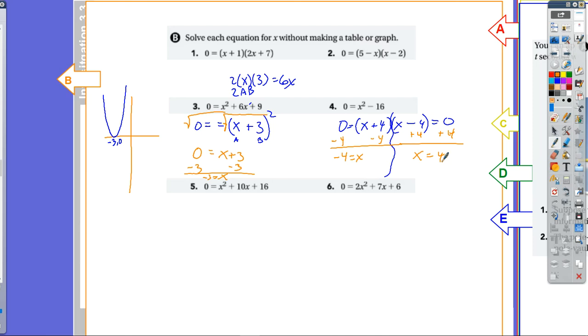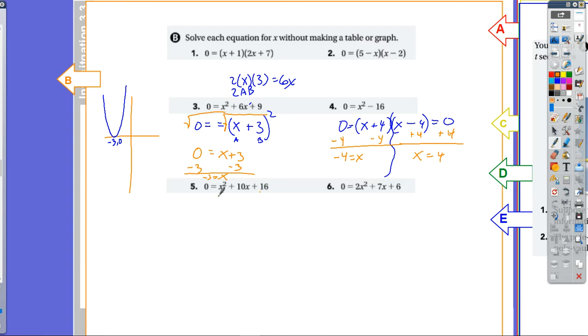All right, for number 5, we have no greatest common monomial. This is definitely not a difference of squares because it's a trinomial, and it's addition. It could be a square binomial. Well, let's try.